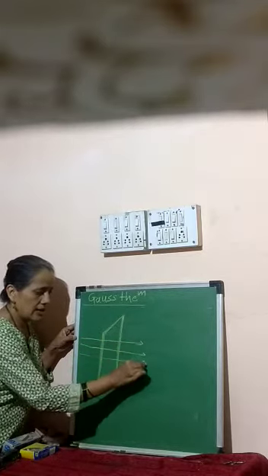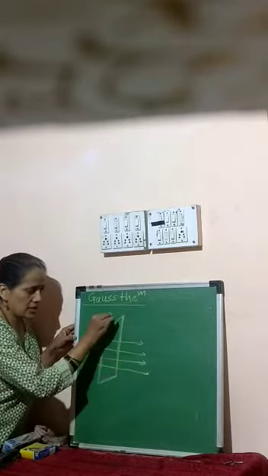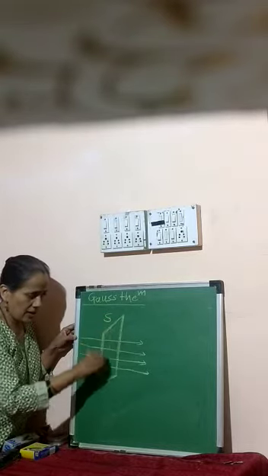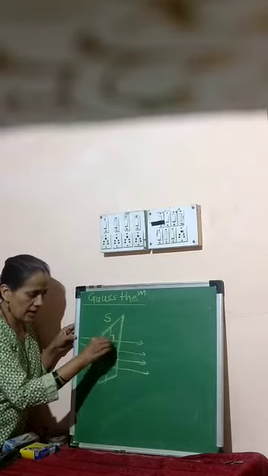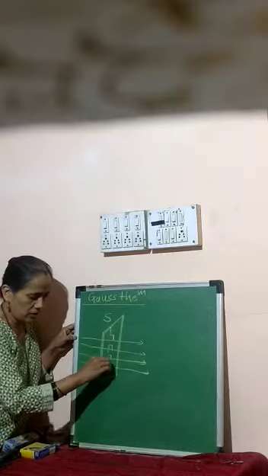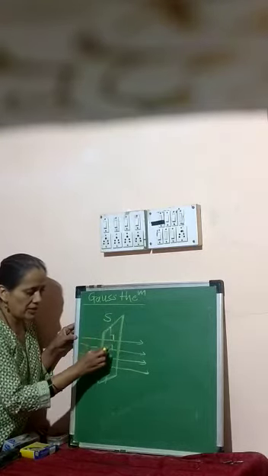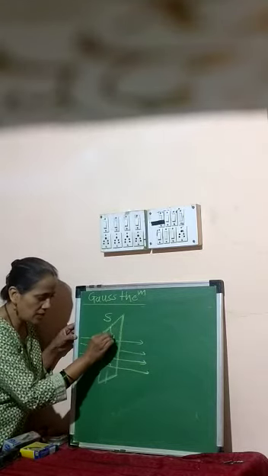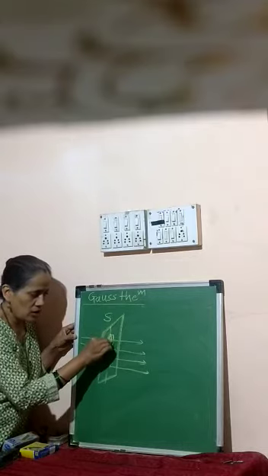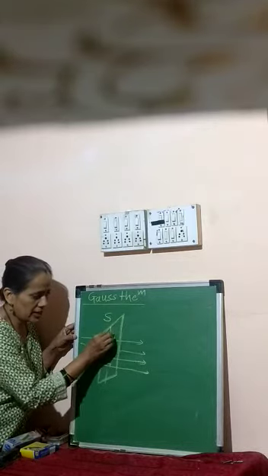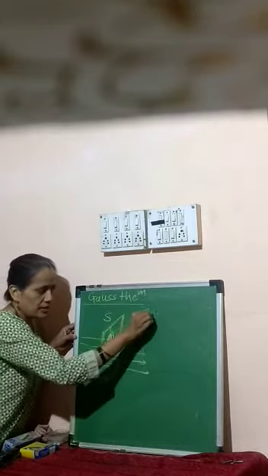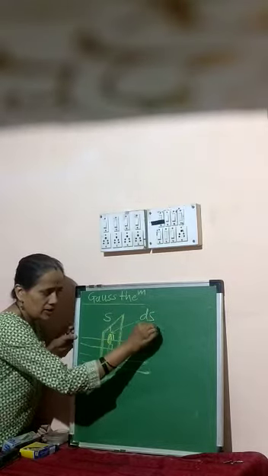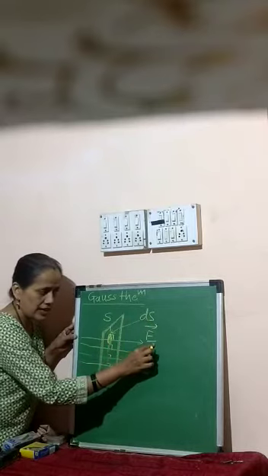These lines of force are passing through this surface area S, and over this surface area they are exactly perpendicular to every element of the surface. If I consider this small surface area as ds, then through this small area the lines of force give the direction of intensity.